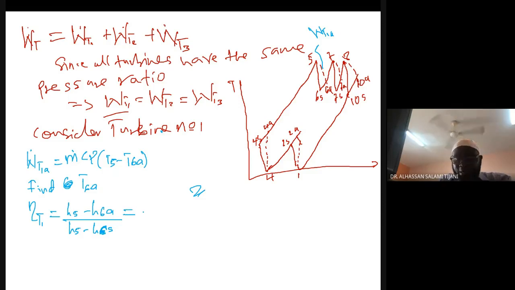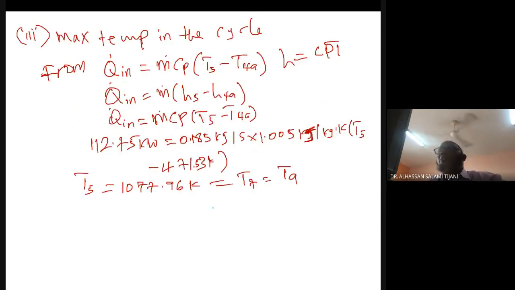This can be written in the form of T5 minus T6A divided by T5 minus T6S. Now, we know from the question that this isentropic efficiency for the turbine is given already.